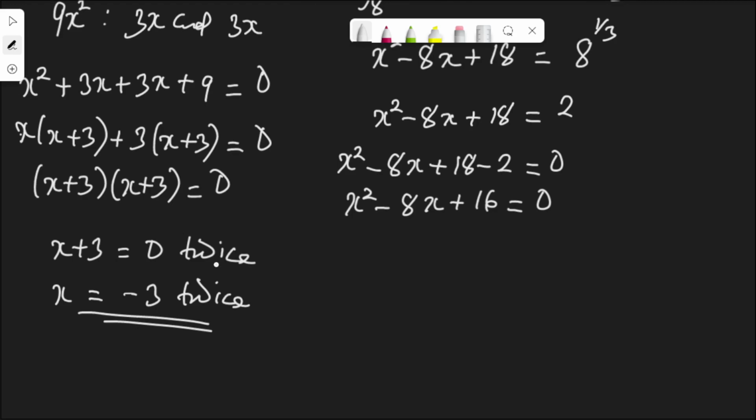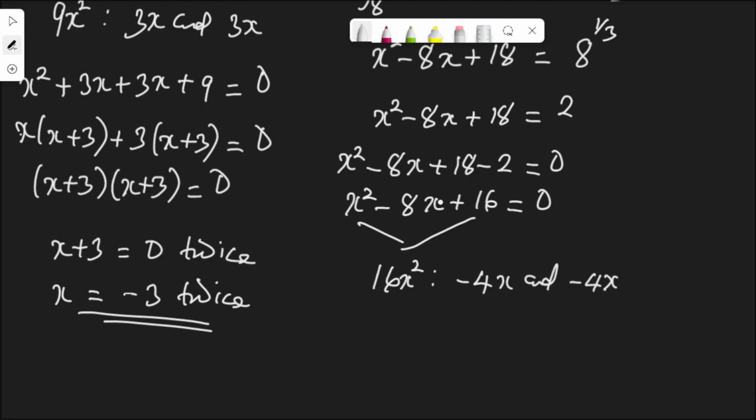When solving this by factorization method, x squared multiplied by 16 is 16x squared. Two factors of 16x squared that can add up to this middle term, negative 8x, should be negative 4x and negative 4x. Because we're looking for a negative sum here, both of them have to be negative.